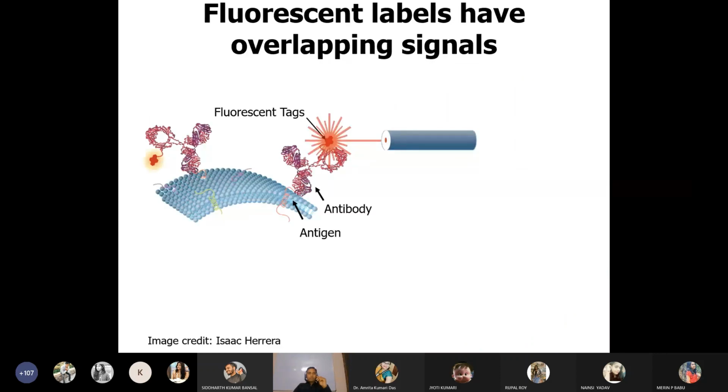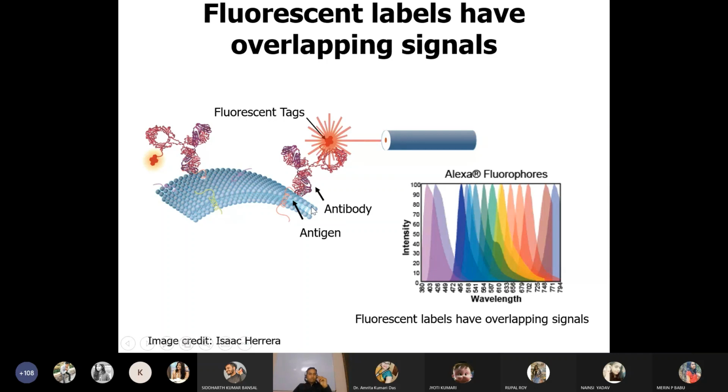So let's talk about the fluorescent tag and how it creates a problem. You might have seen the plasma membrane. In the plasma membrane, there are different proteins tagged with different fluorescent tags.